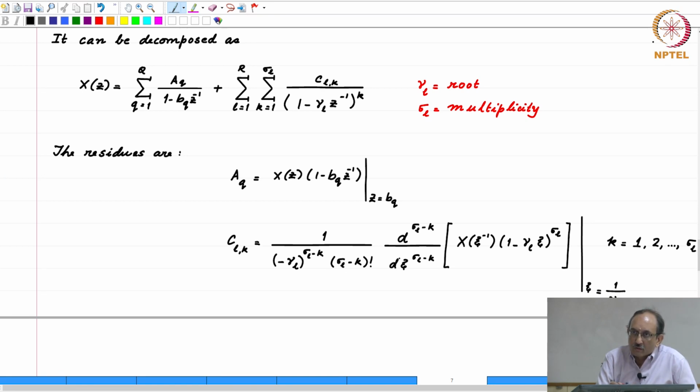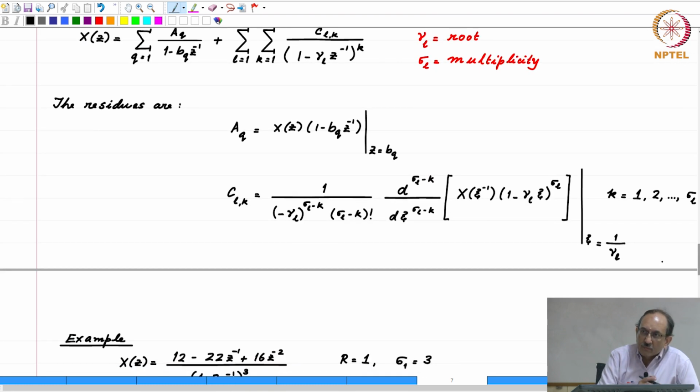It is not fair to ask multiple roots questions on the exam, right, because it is tedious, you can make mistakes. To remember this is difficult, therefore, I will not be asking this. Maybe multiplicity 2 is okay, but beyond that is not.